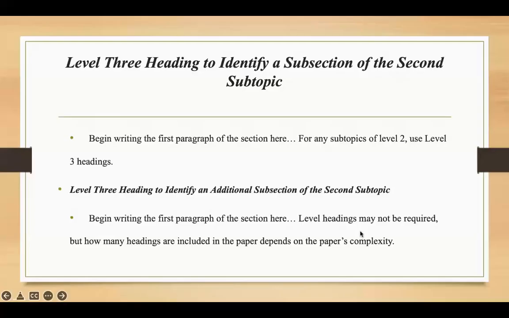So we are looking at now level 3. Level 3, this is how it begins. It is just like level 2, only that it is in italics. So we are saying here, begin writing the first paragraph of this section as indent. Indent all paragraphs.